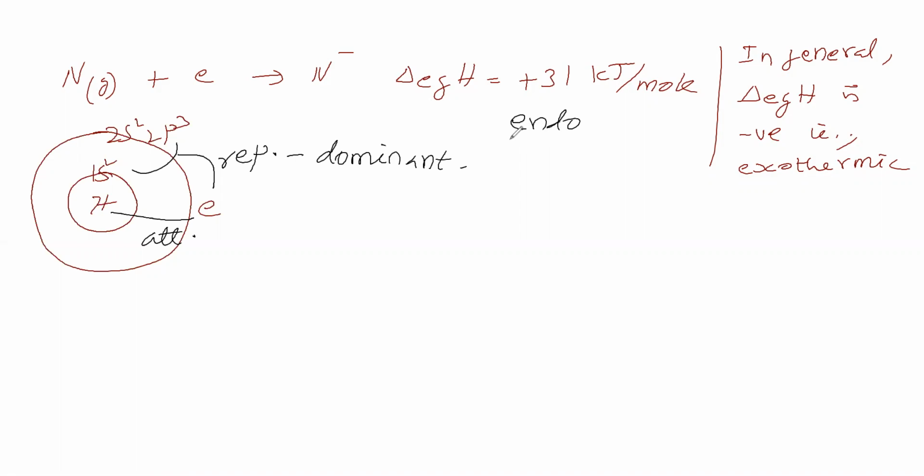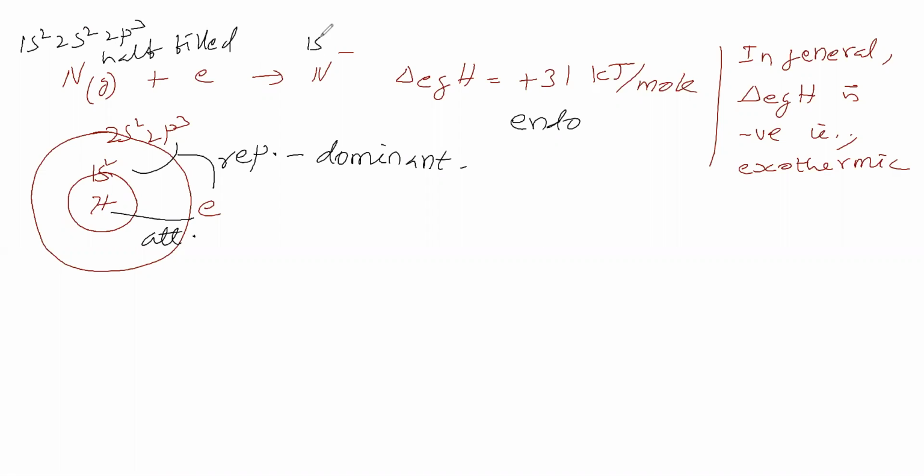Why is repulsion the dominant factor? Why not attraction? Generally, electron gain enthalpy is negative, that is exothermic, and attraction is the dominant factor. But in the case of nitrogen, why is repulsion dominant? Nitrogen's electronic configuration is 1s2, 2s2, 2p3, where 2p3 is a half-filled configuration.